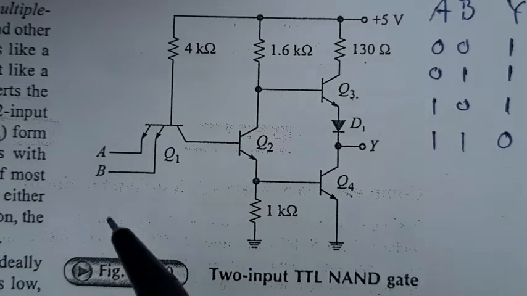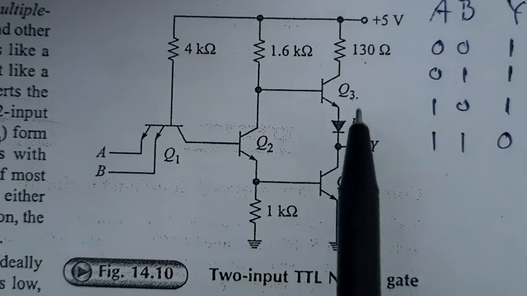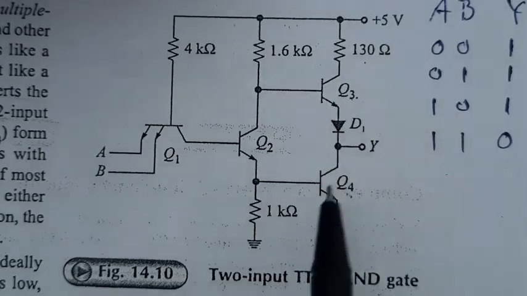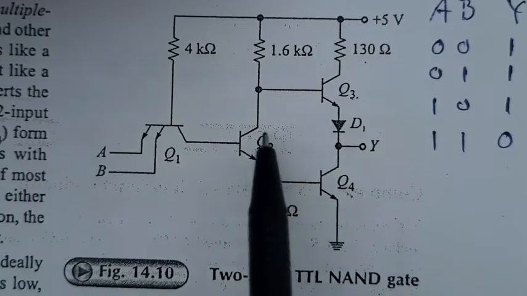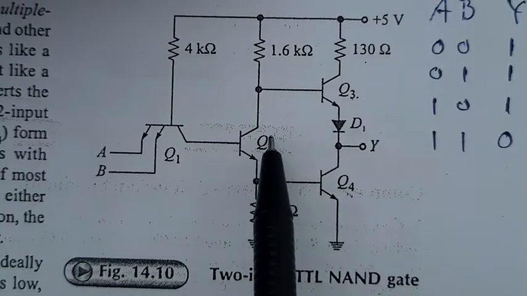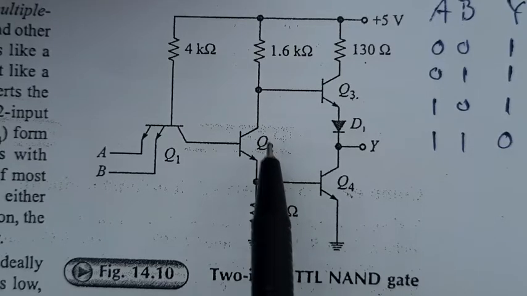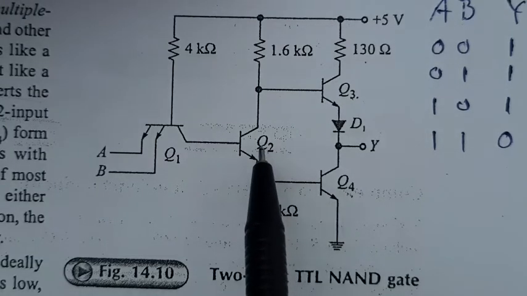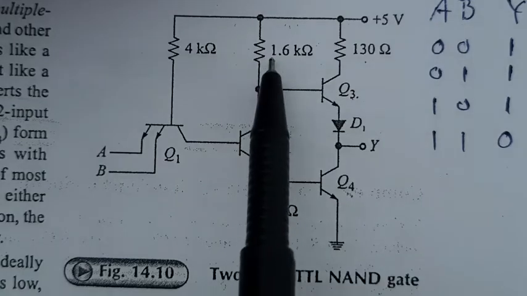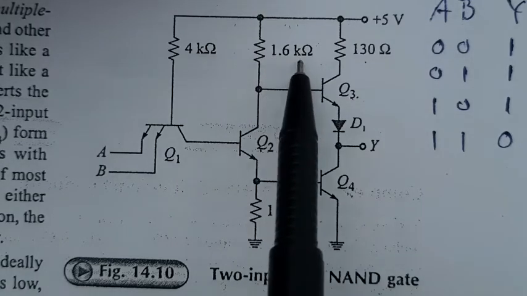But before that, we will think about how the totem pole arrangement will work. For that, we will assume that suppose Q2 is on, then you can say that the required current to make the transistor Q4 on will be provided by transistor Q2 through resistor of 1.6 kilo ohm.